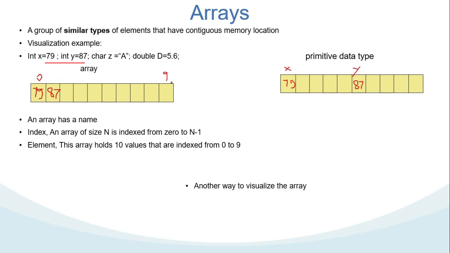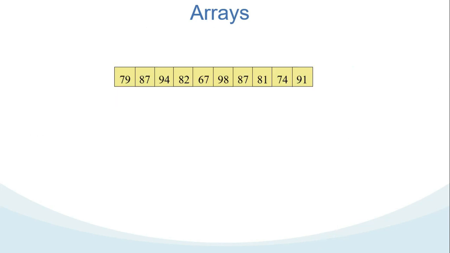Another way to visualize the array is like this. The index starts from 0 up to 9 here, and then the values here, 79 and 87. Now let's see it one more time. The entire array has a single name.